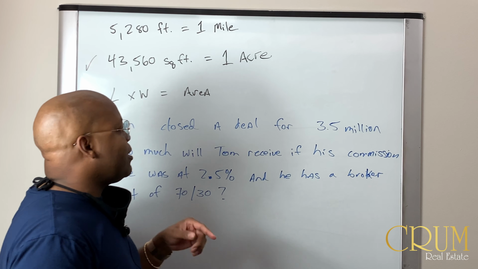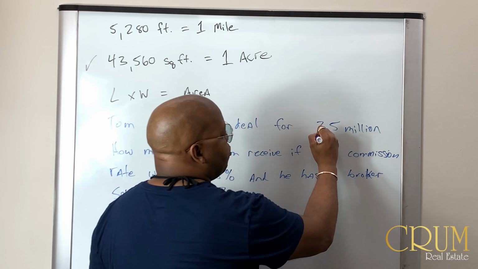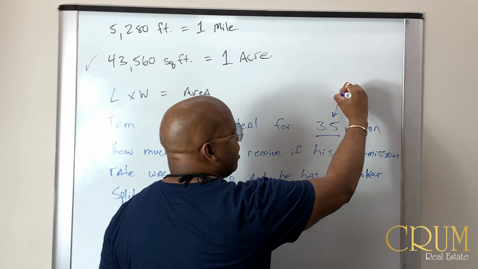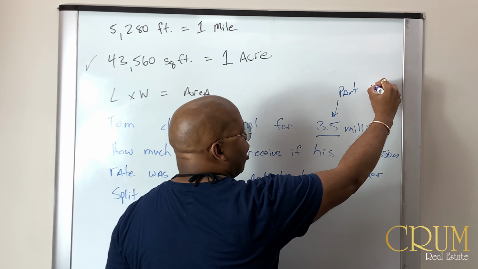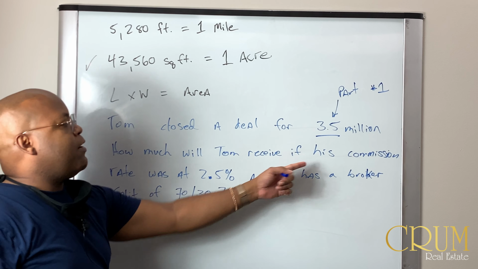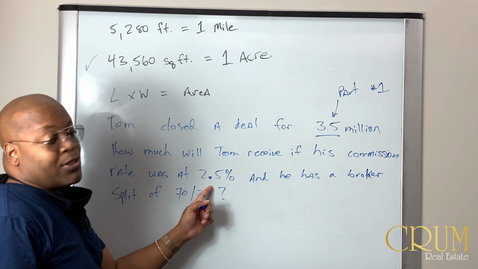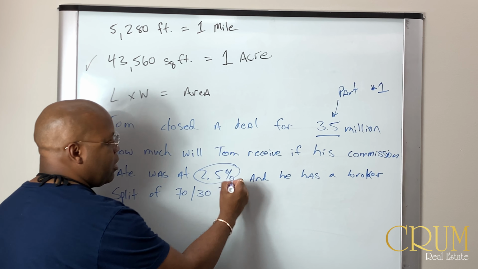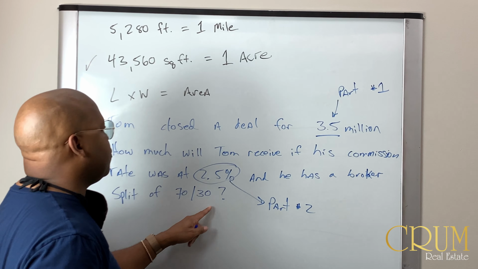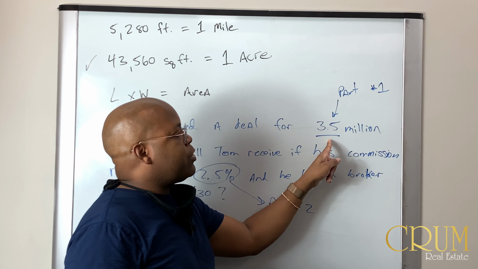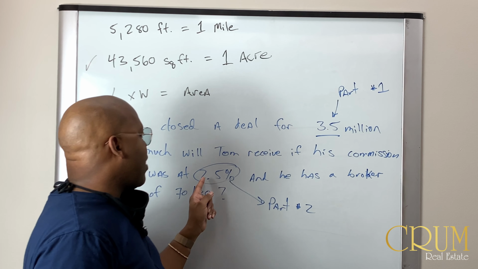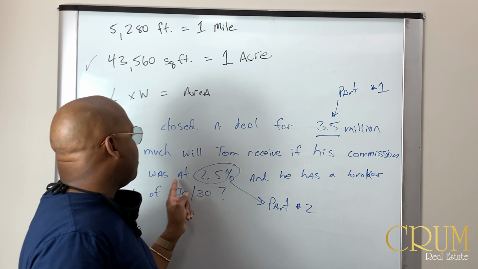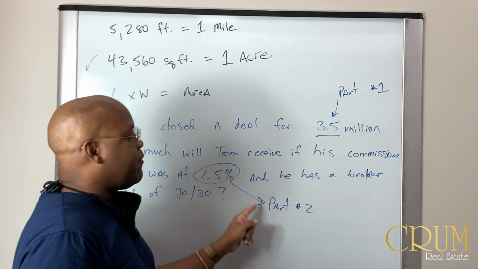So the 3.5 million is going to be part 1. Then, how much will Tom receive if his commission rate was at 2.5%? So 2.5% is going to be part number 2.